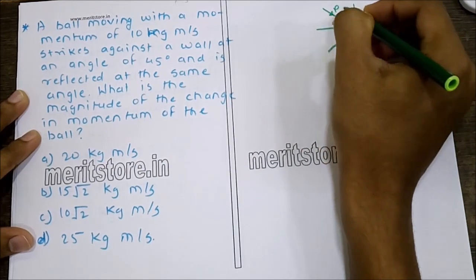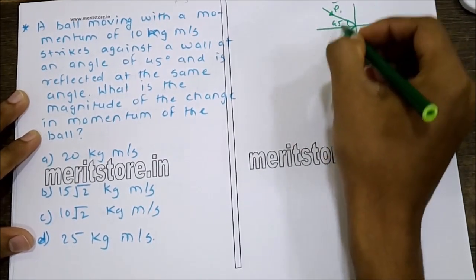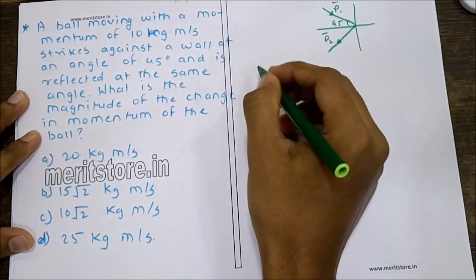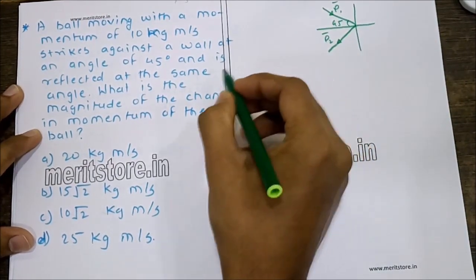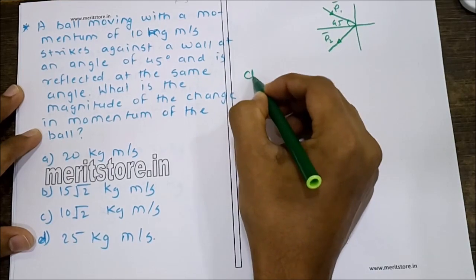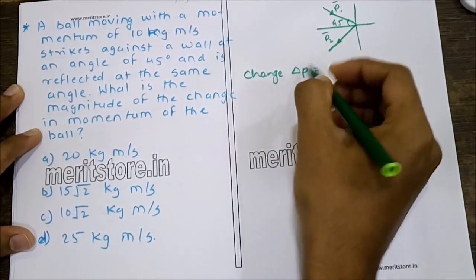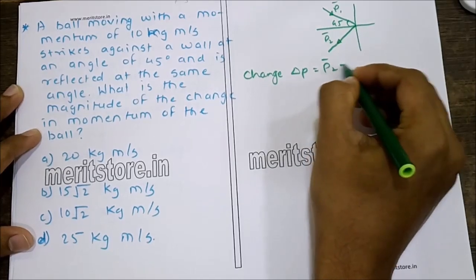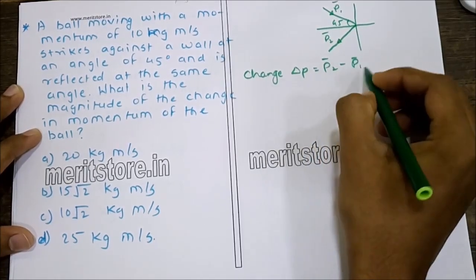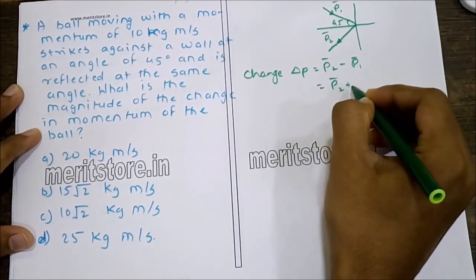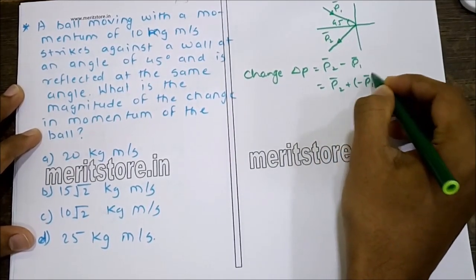Let P1 be the momentum before striking and P2 be the momentum after striking. Therefore, the change in momentum of the ball, delta P, is nothing but P2 bar minus P1 bar. That can be written as P2 bar plus minus P1 bar.